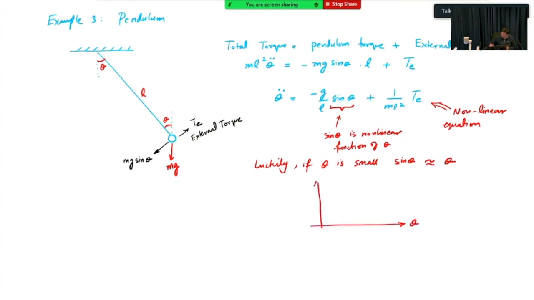So let's say this is your sine theta, and this is theta, then you see there is a very close match in this region.